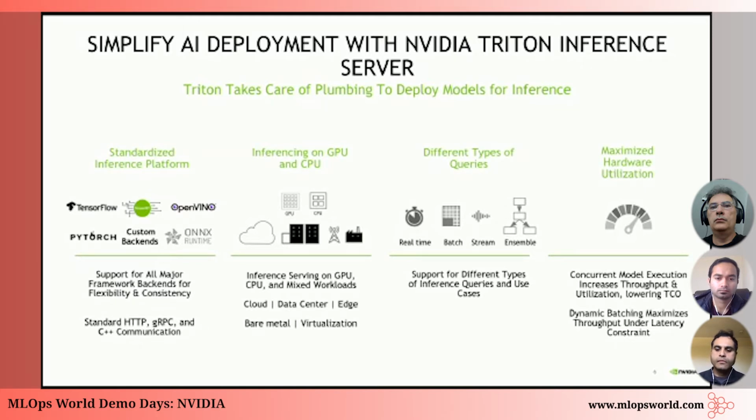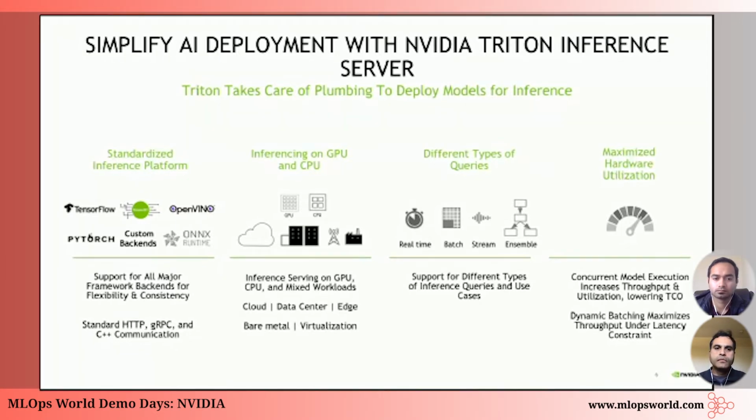The other feature that we have for maximizing performance is called dynamic batching. And that's the idea that as independent inference requests are coming into Triton, on the server side, Triton can group those requests together dynamically within the server to create one larger batch to execute inference on.